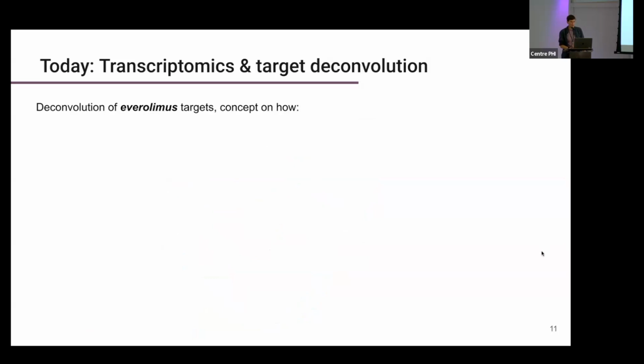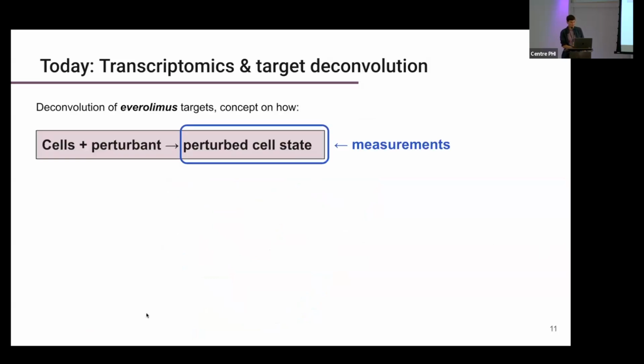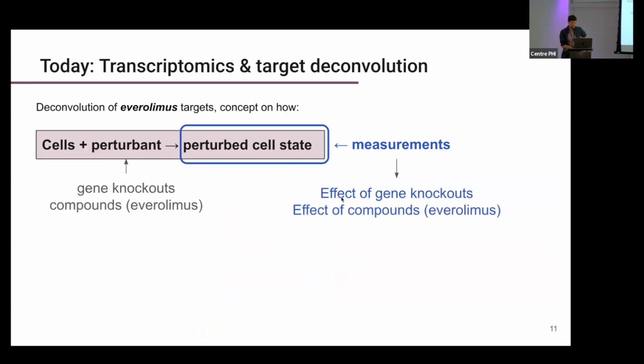So, give or take, how this is going to work. Again, we have our setup. We are also specifically going to take a data set that has a mix of gene knockouts as a perturbant and compounds, including our compound of interest. And we have in our data set the measurements of the effect of these knockouts, so the phenotypic effect of applying a gene knockout or applying our compound.